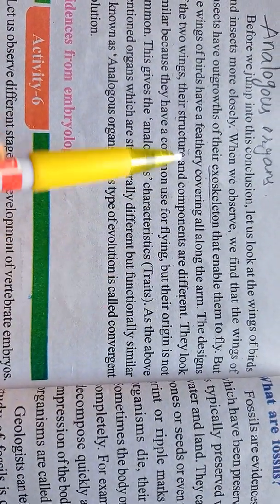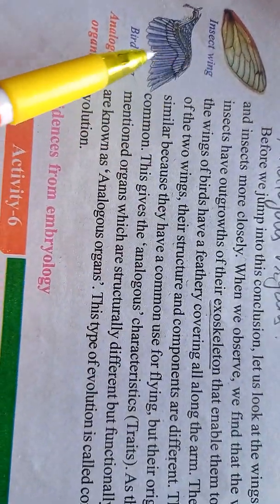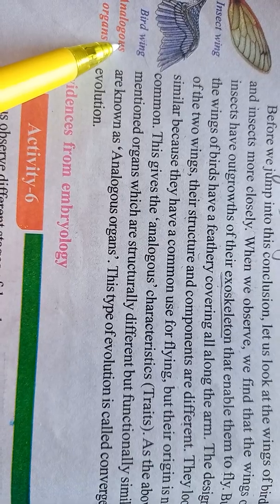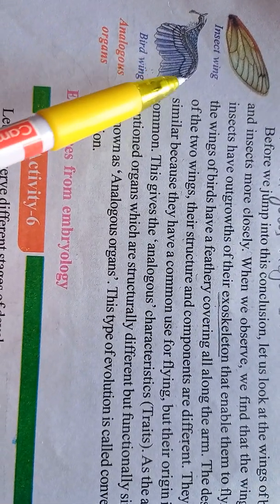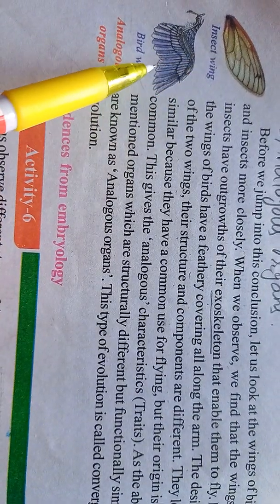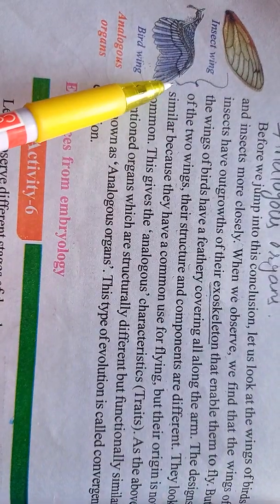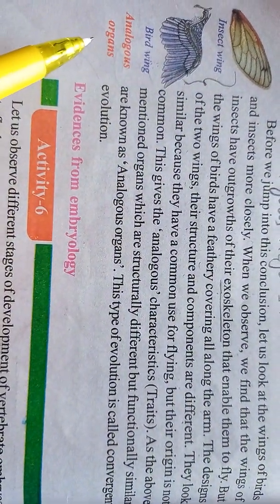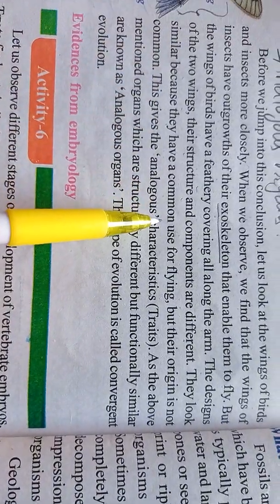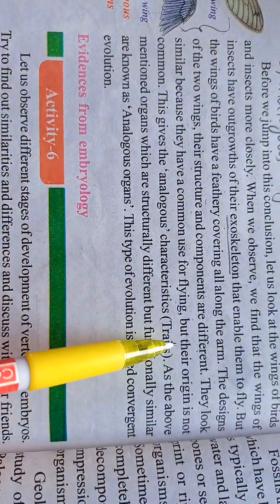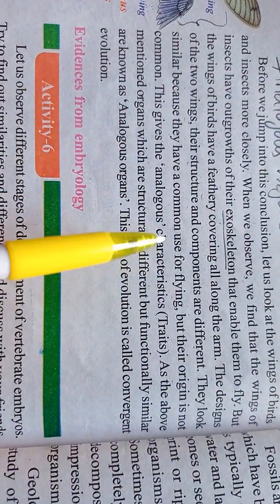They have different structure, but they are functionally the same. Insect wings and bird wings have the same functional character: they help them fly in the air. They look similar because they have a common use for flying, but their origin is not common. This gives the analogous characteristics.